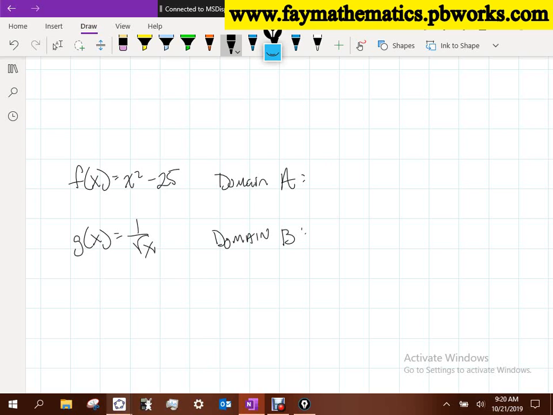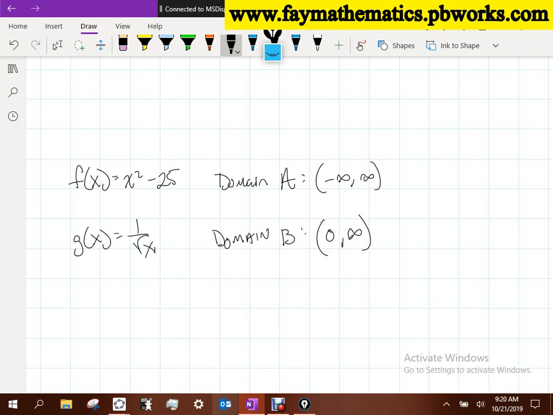What's the domain of anything that's polynomial? All real numbers. Okay. What is the domain down here for g of x? Okay, greater than 0. Good. Okay. Can't divide by 0. So that's why we had to kick that one out.